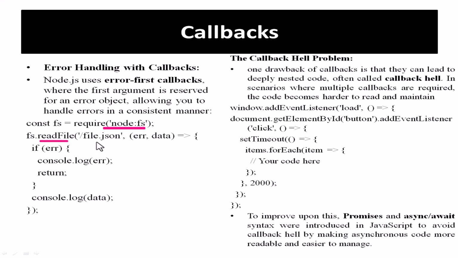The file should be in the filename.json format. We are using two arguments, error and data, where error is the reserved one and data is the second argument. If an error is encountered, we use console.log of the error, so it returns the error. Otherwise, it prints console.log of whatever the data is.